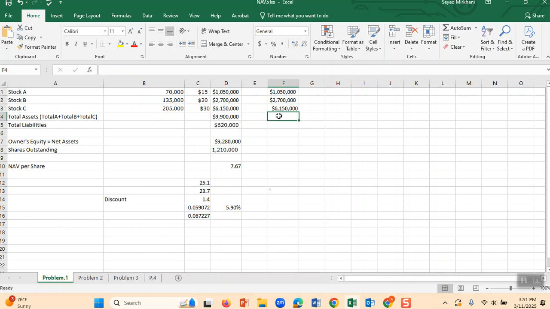Now I have to add them together. To add these together, I click on AutoSum. I click sum. It is asking me, do I want to add all of this together? I click yes. And that is the total value of the money that I spent to buy all these stocks. That way I can sell them to you all.